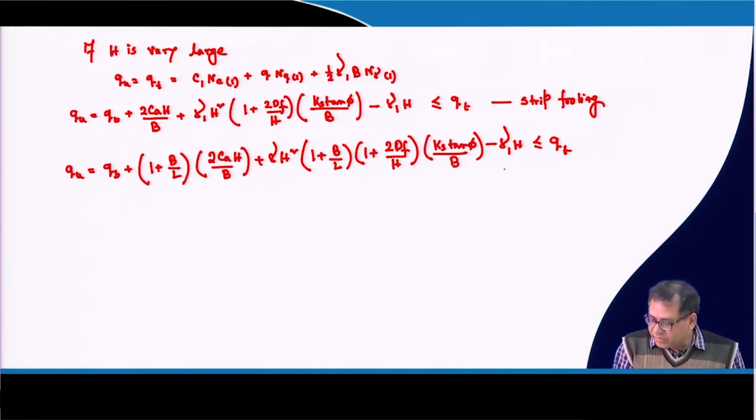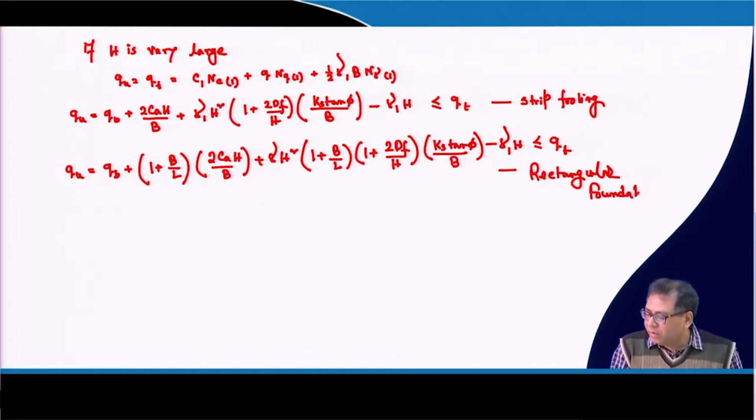So, this equation is for the rectangular foundation. Or if you put B is equal to L, then it can be used for the square foundation also. And in a similar way, we can use it for the square footing also, circular footing also.